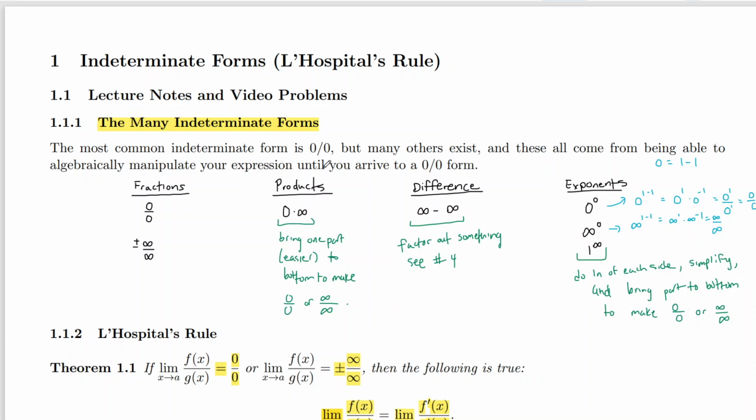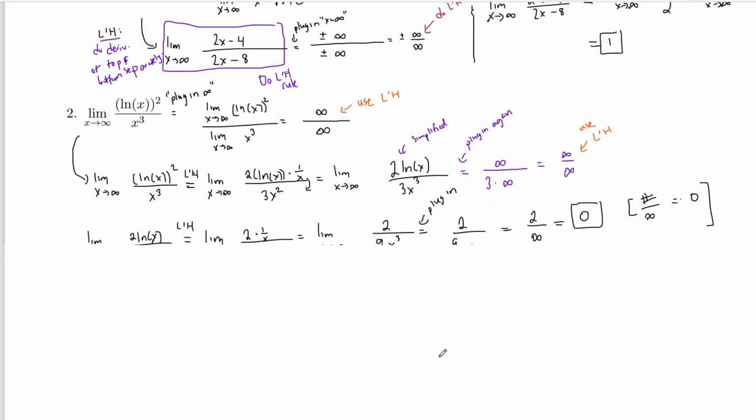All right, now I'm still going to do a problem specific to this one right after this. But now that we have the strategy down, you'll see that it is the same strategy. Now I know there's a lot in this section, but really the difference one was very different than the strategy for the other two. And then the fraction one, we know that's just what we use for L'Hopital's rule anyway. So we don't have to do anything extra for that one.